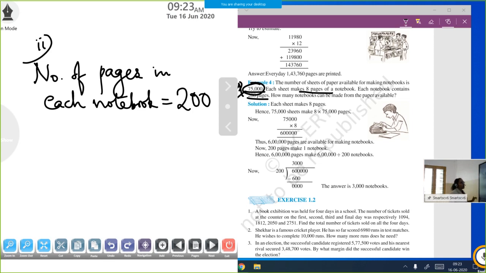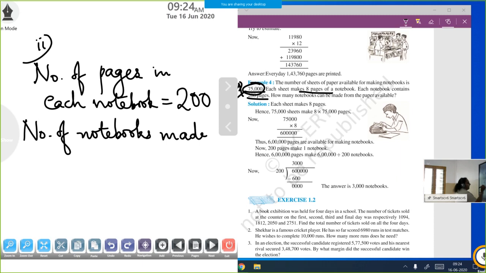Then they are asking how many notebooks you can make with the 6 lakh pages. So number of notebooks made from 6 lakh pages.